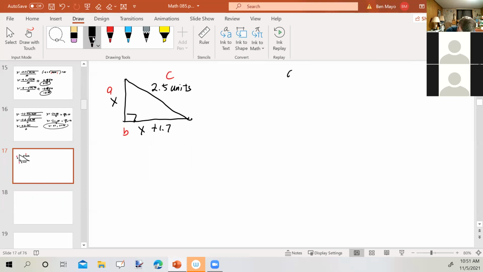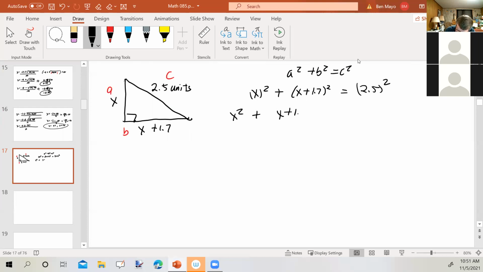So using A squared plus B squared equals C squared, we get x squared plus (x plus 1.7) squared equals 2.5 squared. And now it's the same process as before. X squared is x squared. X plus 1.7, the quantity squared, is x plus 1.7 times x plus 1.7. And 2.5 times 2.5 is 6.25.